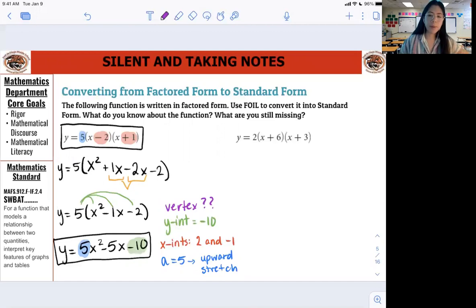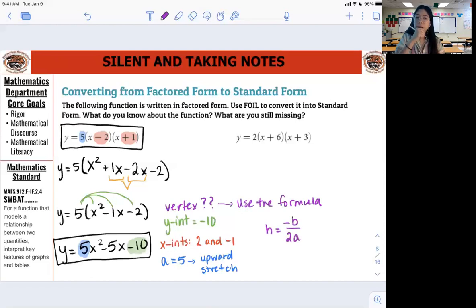What is that formula again? H equals negative B divided by 2A. Exactly.